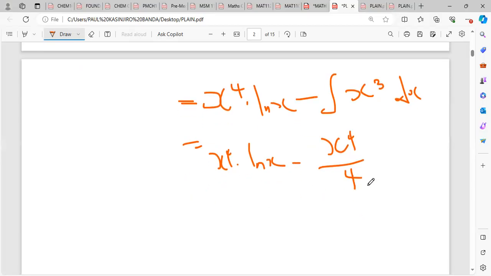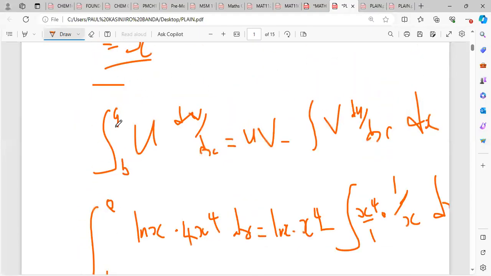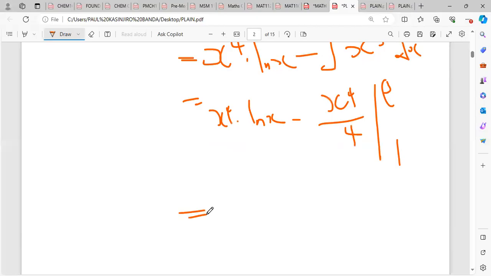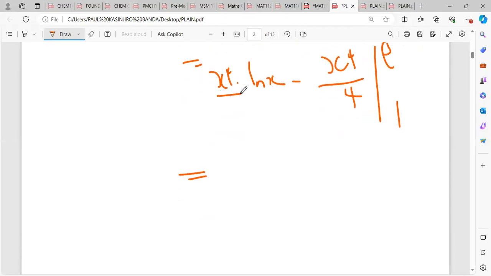Okay, so from there now, in this equation, I'm going to input the limits e and 1. Don't forget your limits there. Because we are evaluating, I can see x to the power 4, x to the power 4, so I'm going to factorize it, meaning I have x to the power 4, and then inside I have ln x minus 1 over 4.